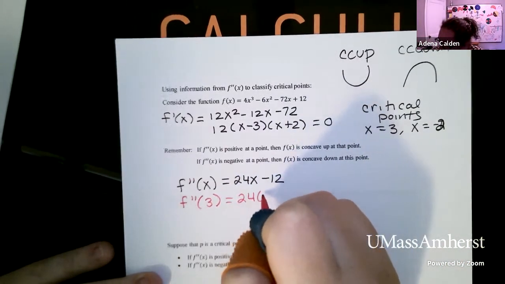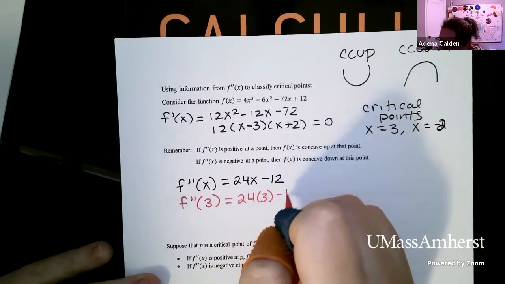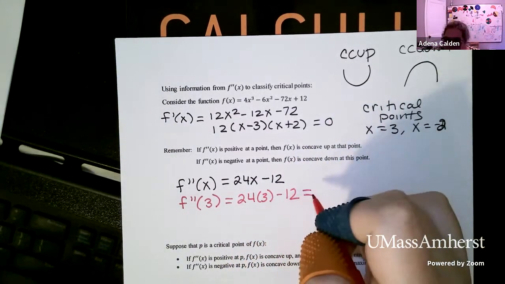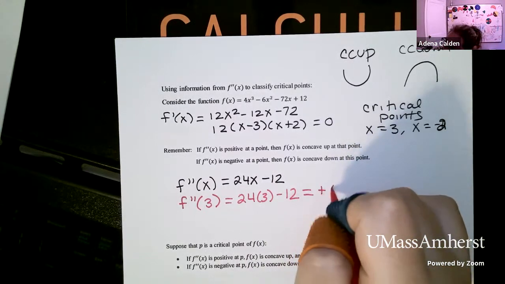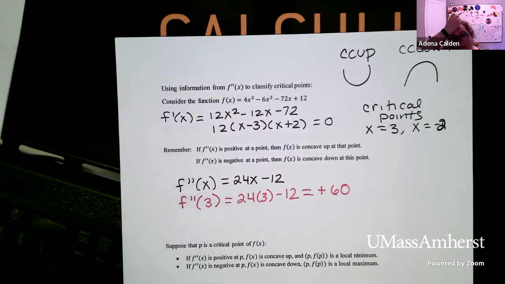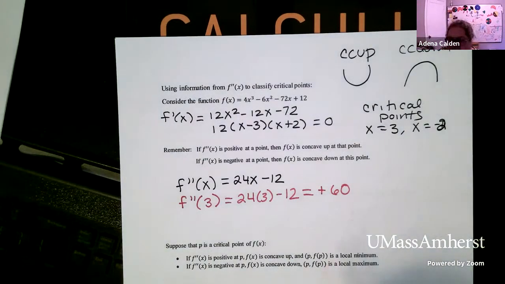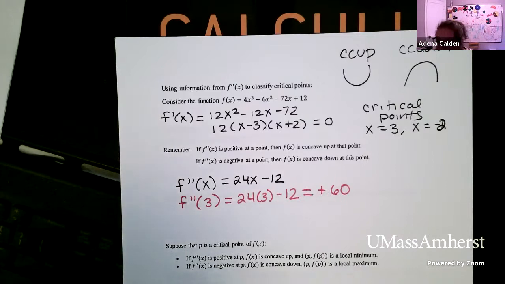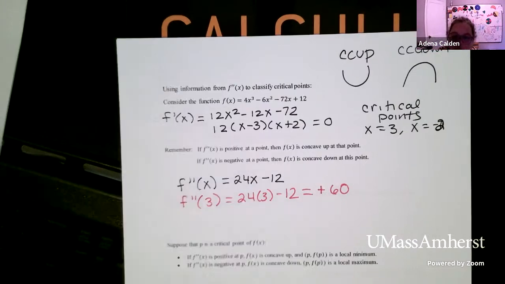So 24 times 3 minus 12, and we're going to get a number, okay? So we crunch this number and we get 60. I'm writing the positive in front of it because what we're actually looking for is whether or not the number is positive or negative. So since we are positive at 3, that tells me that the original function is going to be concave up.